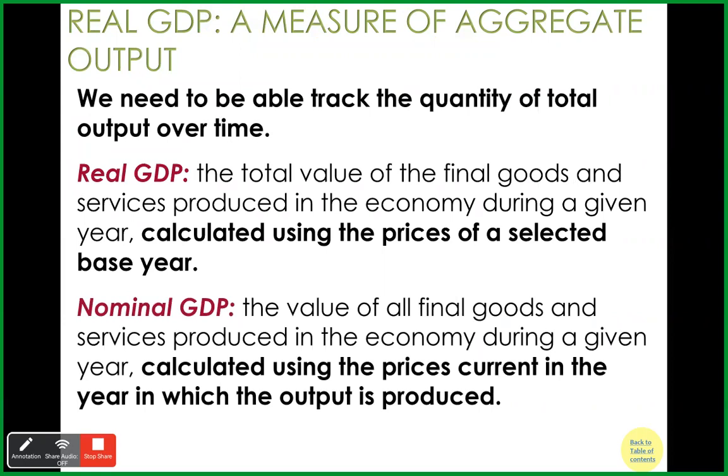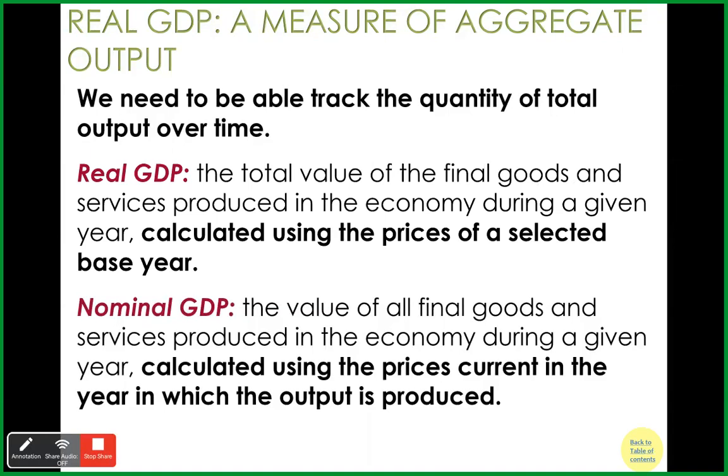So now we are going to move to a slightly different sense. So far, we have learned how to measure the value of the goods and services we produce, either by looking at value added, or through spending, or through income. Now we are going to differentiate between real versus nominal.